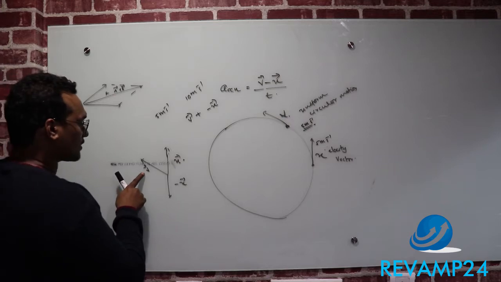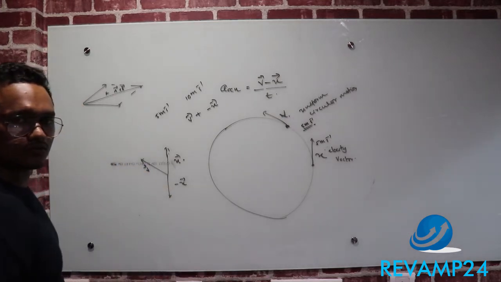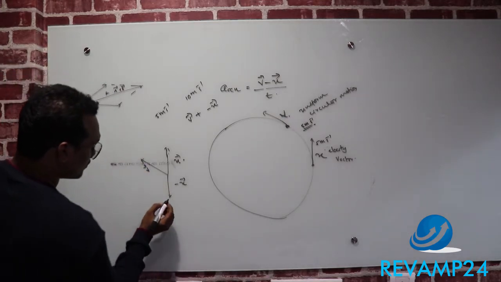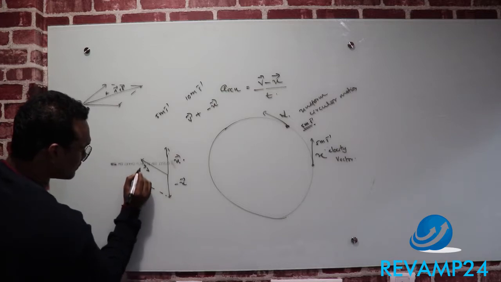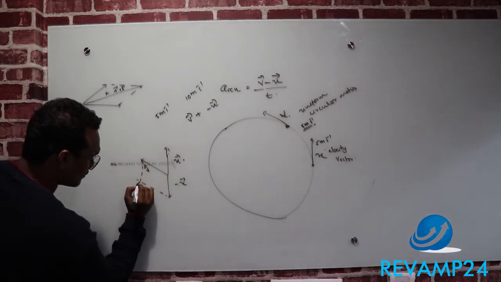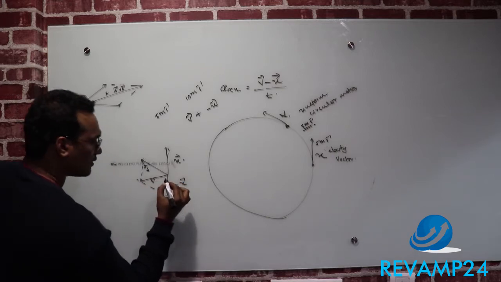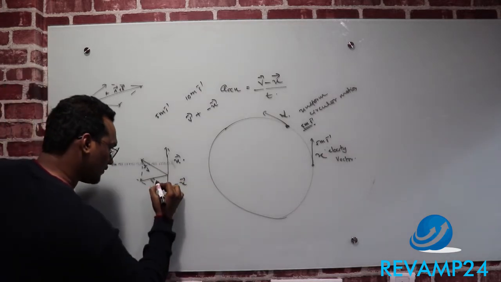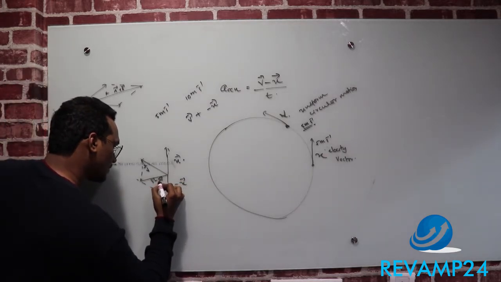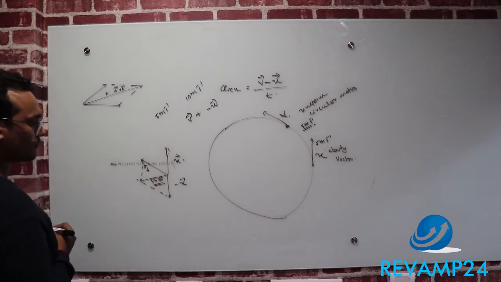Now here you have vector v and minus vector u. To find the resultant of these two, complete the parallelogram. Then the diagonal will be vector v plus minus of vector u, which is nothing but vector v minus vector u.